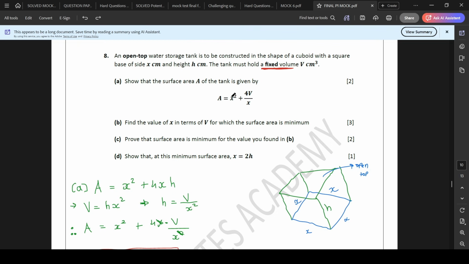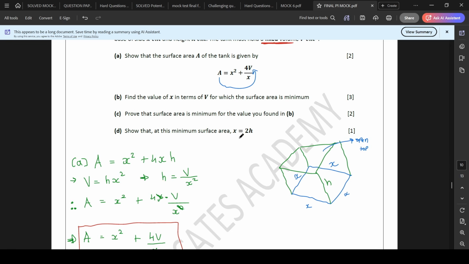But if I put x as 2v to the power of 1/3, I'll get my area in terms of v, because x is now in terms of v. But then I can't derive a relationship between x and h from that. What I can do the other way is that the minimum surface area was at x equal to 2v to the power of 1/3.